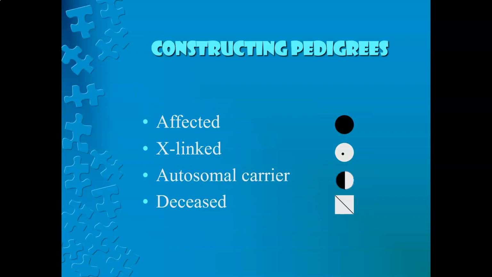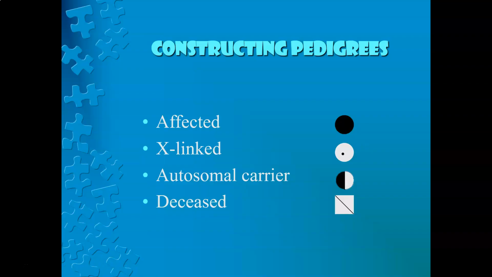Some other common symbols, I would say this is pretty standard. Shading in either that circle like I see here, or it could be a square that's shaded in, meaning that it's an individual who's affected for the trait that they are tracing. You may come across this one where there's a dot in the middle for an X-linked characteristic. Maybe that gets used, maybe it doesn't, so check the key.